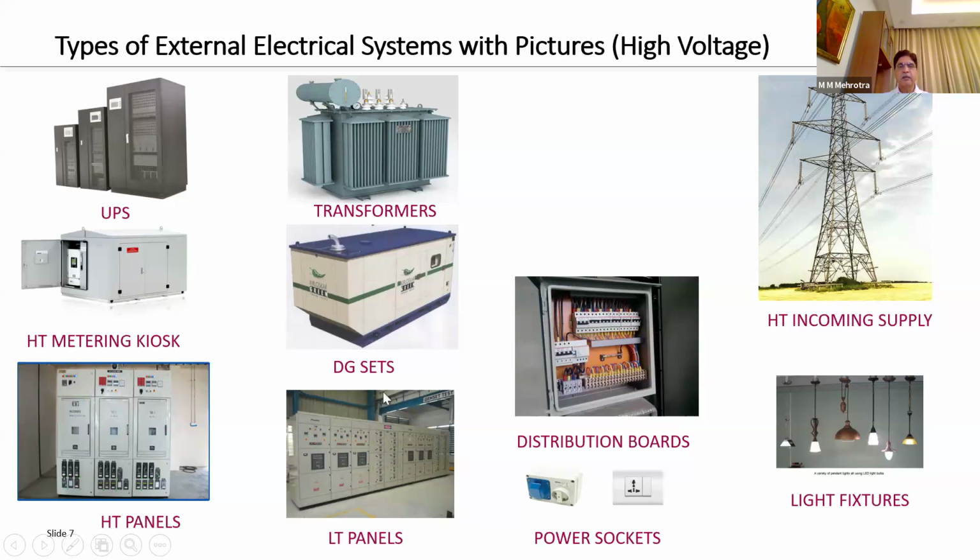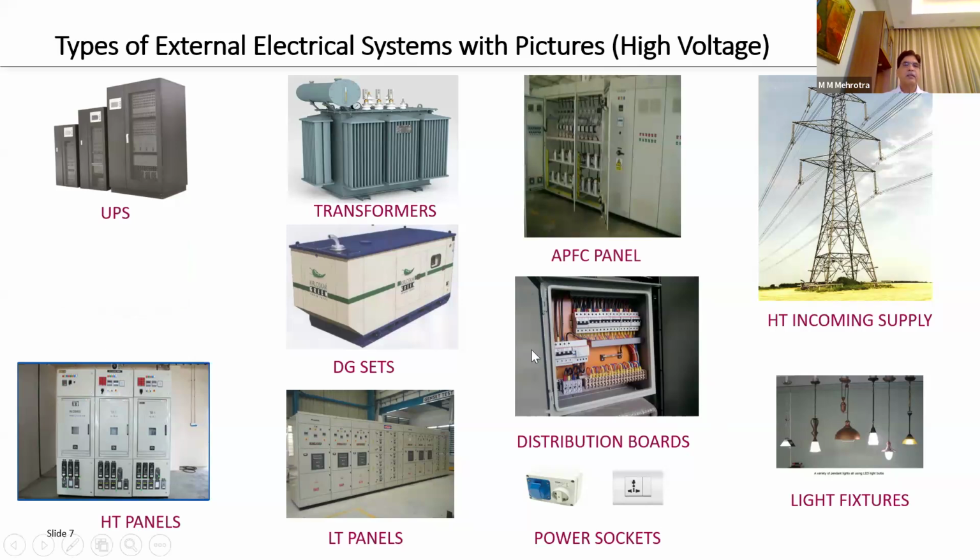Now from this, a distribution board will take my supply to these points. Each wire is equal to one circuit, where 6, 7, 8 or 10 light or fan points will be connected. I'll proceed further.